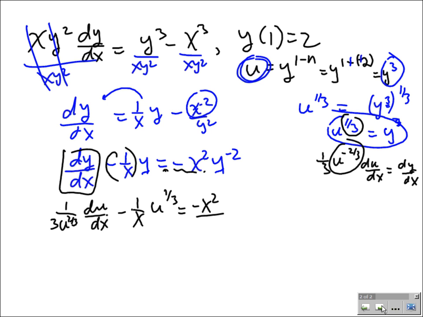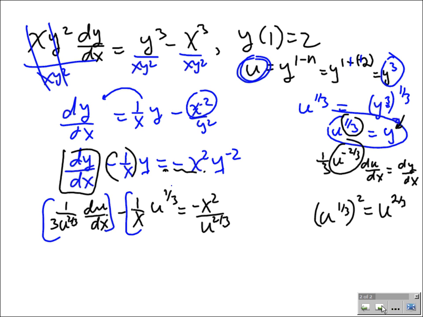I'll even say over y squared. If I square the right side, I get y squared, so I have to square the left side, which will be u to the 1/3 times 2, or 2/3, u to the 2/3. Now, I want to have du dx all by itself.